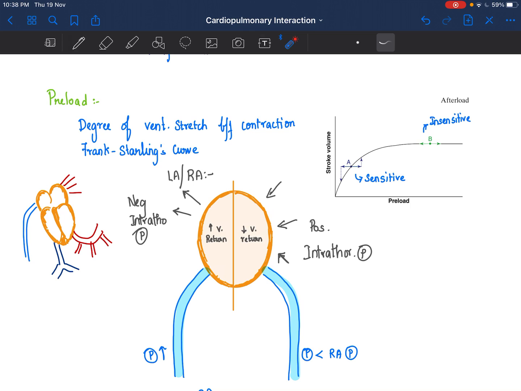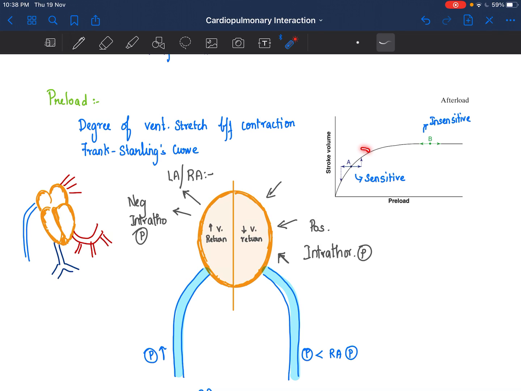So, this is the preload on the x-axis, and the y-axis has stroke volume. Under physiological conditions, if you see, there is a steady rise: with an increase in preload, there is an increase in stroke volume too, right. But after some point, the stroke volume remains the same despite an increase in preload, correct.